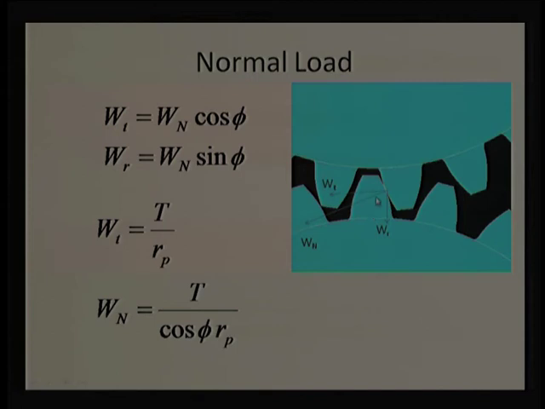Maybe at the pitch point there may be only one pair in contact, but away from the pitch point, maybe just at the start or the end, naturally there need to be at least two pairs in contact, so that we get a transmission.